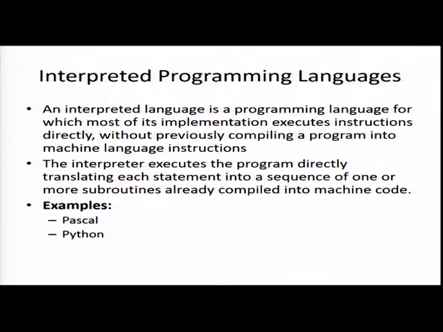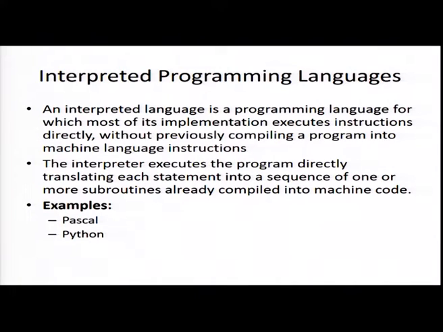The first is the interpreted programming languages. What do you mean by interpreted programming languages? By the name, interpreted, you interpret. We will see a definition. An interpreted language is a programming language for which most of its implementation executes instructions directly, without previously compiling a program into machine language instructions.